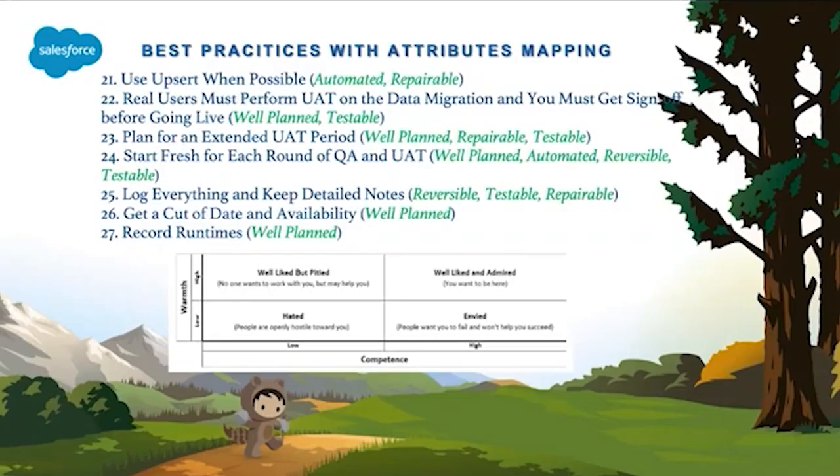migrate successfully onto production. Practice number 24, it is always recommended to refresh your org for both the QA and UAT before even starting any testing. This is a common use case: during UAT, the business users might have identified 10 or 20 different issues with the data migration.